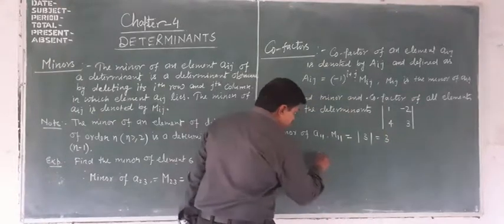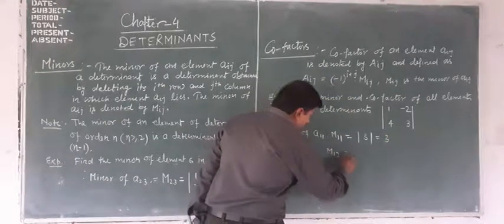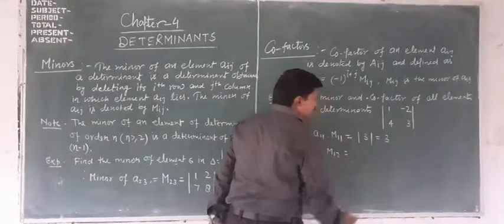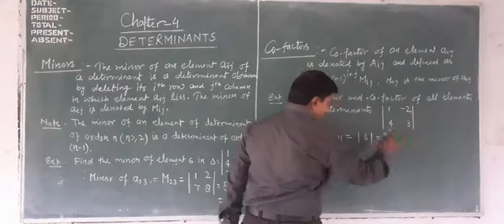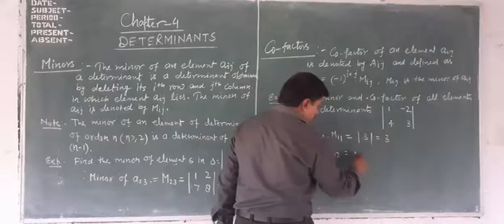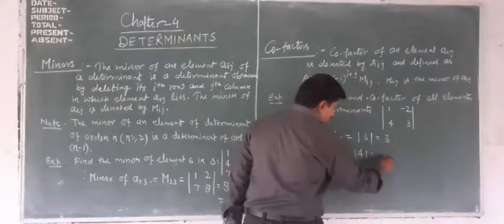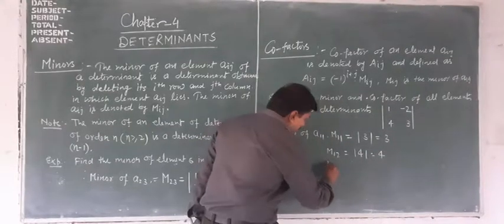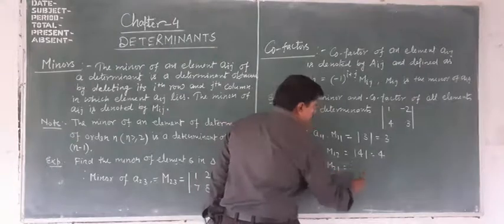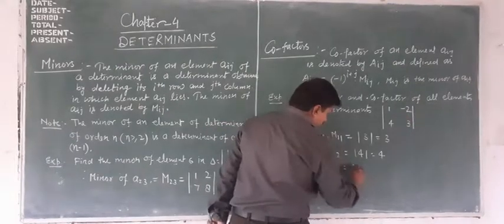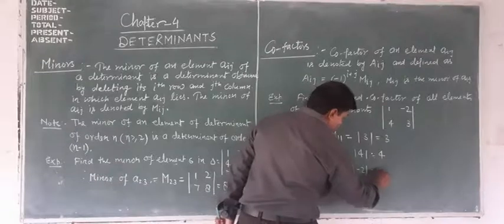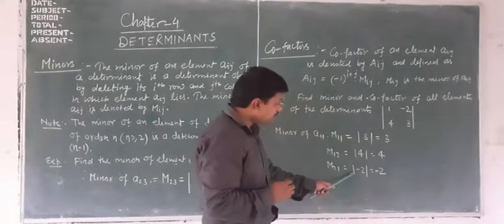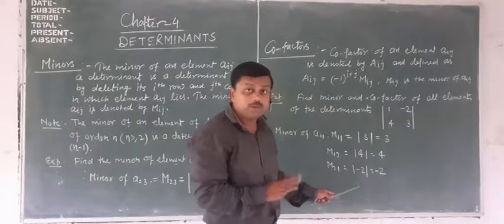Similarly, M12, the minor of this element, deleting that row and that column, is equal to 4. M21 is minus 2. Don't forget that this is the sign of the determinant, not the modulus.